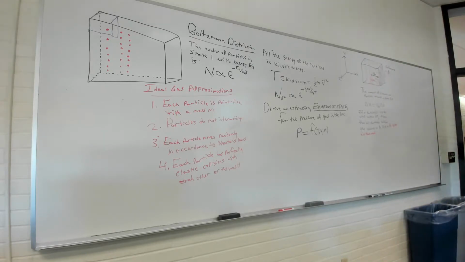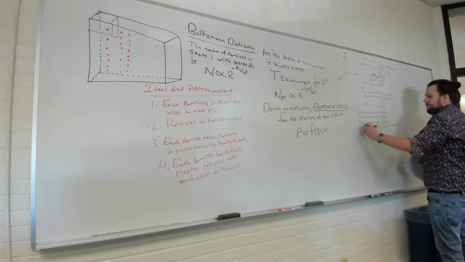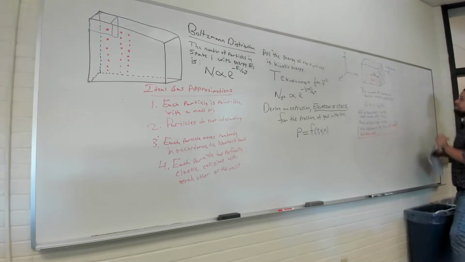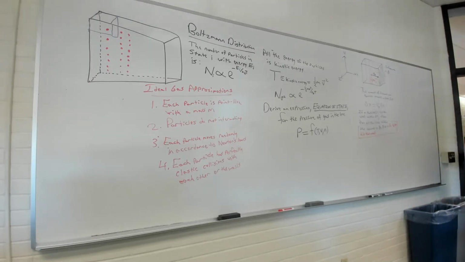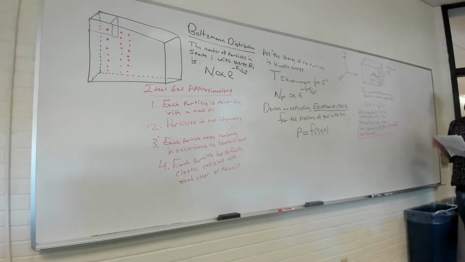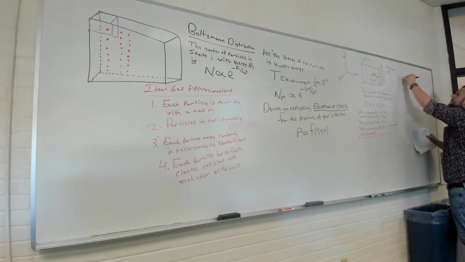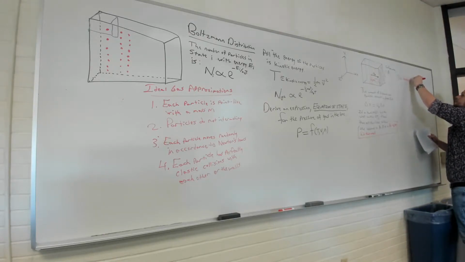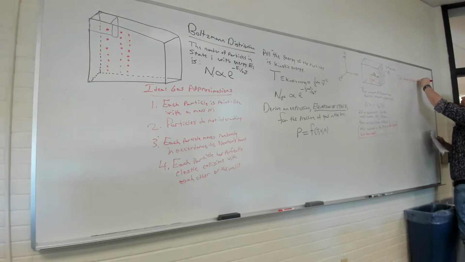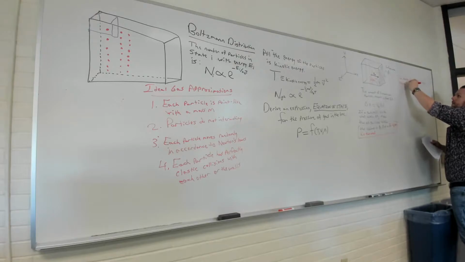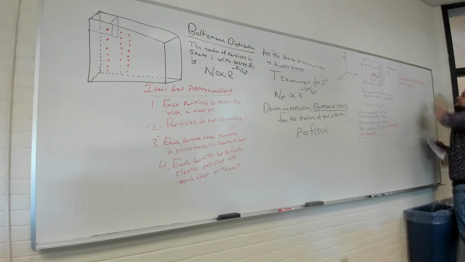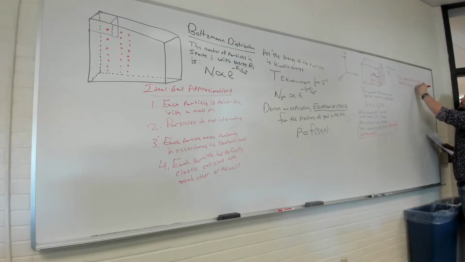Okay, so now we have to ask, well, how many particles are in that region? Let's hold on to this for a second. This is our volume element. So now the next question is, how many particles are in that region? Well, the way we should measure the number of particles is by the density. So the density of particles within our volume, which is A Vx delta t, is what we call rho.